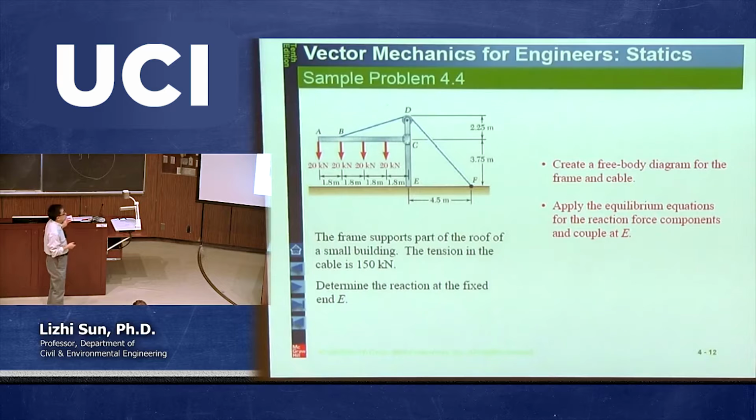However, for those questions I assigned, which you're supposed to do this week, sometimes when you look at the cable, both ends are part of the rigid body, but somewhere in between it is connected to another support. If that's the case, you still need to cut. Because if you do not cut the cable that somewhere in between connects to an outside connection, then you are having this outside support as part of the rigid body.